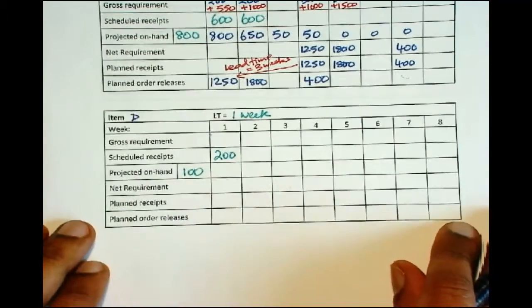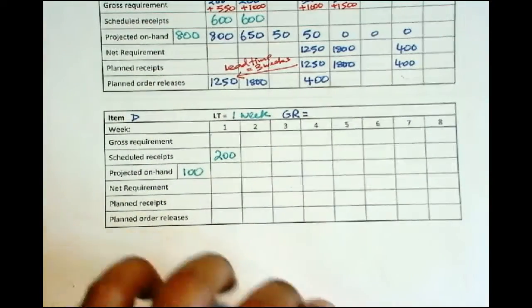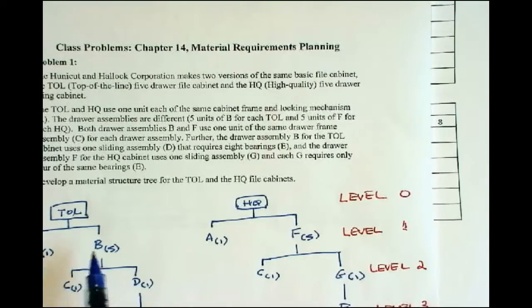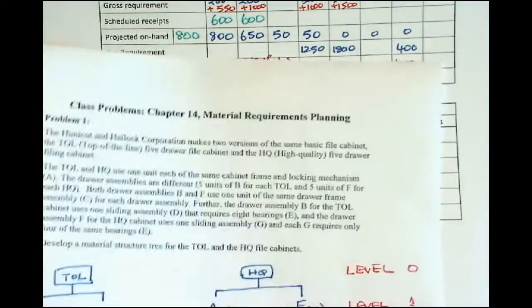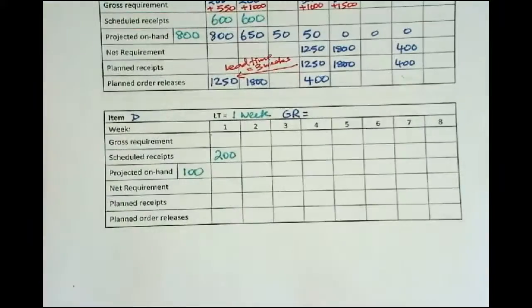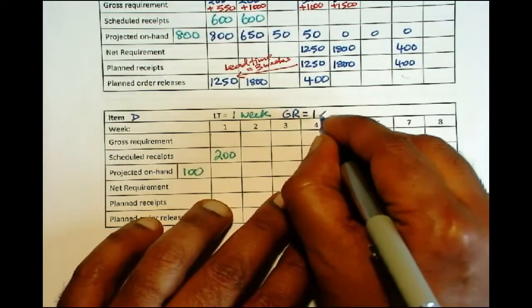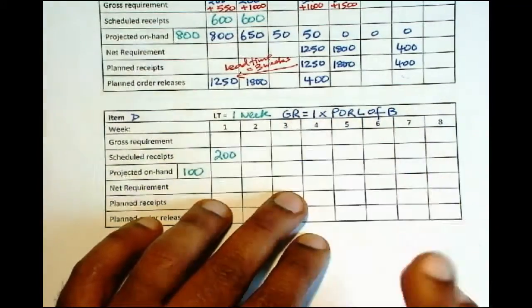The gross requirement for D is 1 unit of D for each B, and once again B being an intermediate item, it has to be PORL. So 1 times PORL of B.